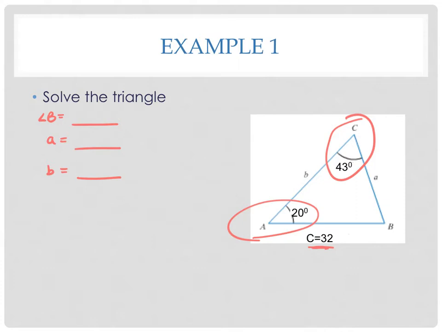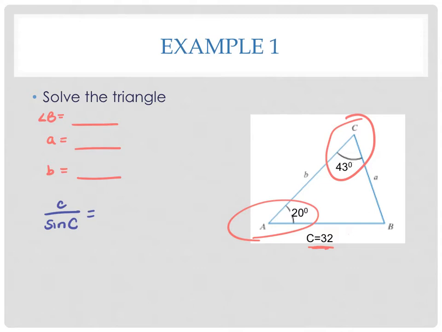So what I want to do is figure out, if I'm using law of sines, I need one full complete ratio. So which of the letters do you have both the angle and the side for? C. C, good. So I'm going to use C as the one to always set things equal to. So I'm going to say small c, which is the side, over the sine of angle C equals.